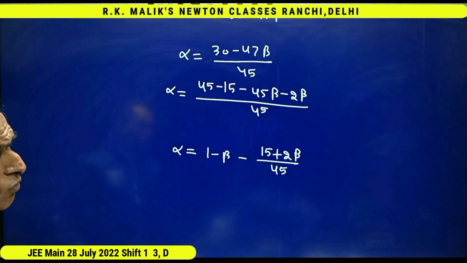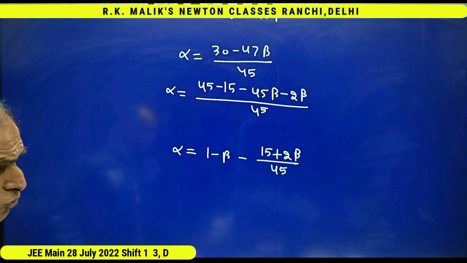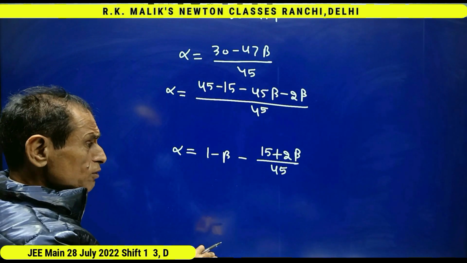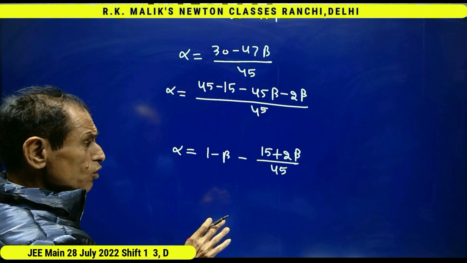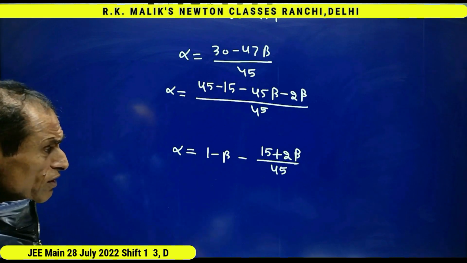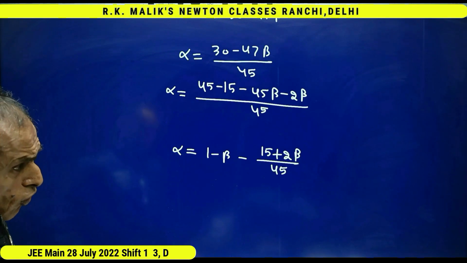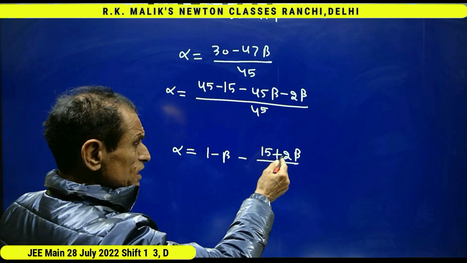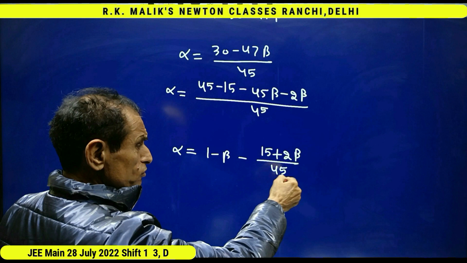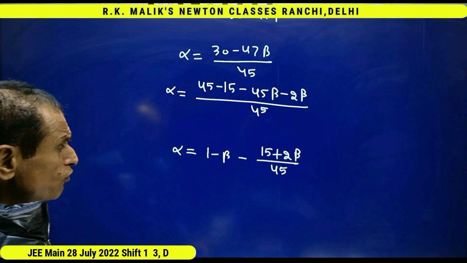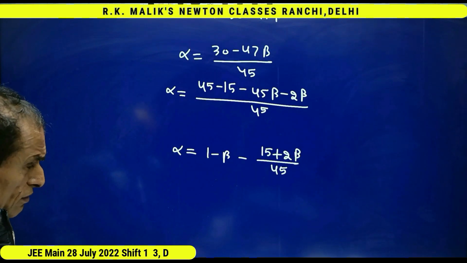And as I told you in the very beginning also, if even in the middle of the procedure you are able to find the integral value of alpha and beta satisfying this, you can immediately stop there. You can see very easily, if I take the value of beta as 15, then this will become an integer, hence the value of alpha will also become an integer.